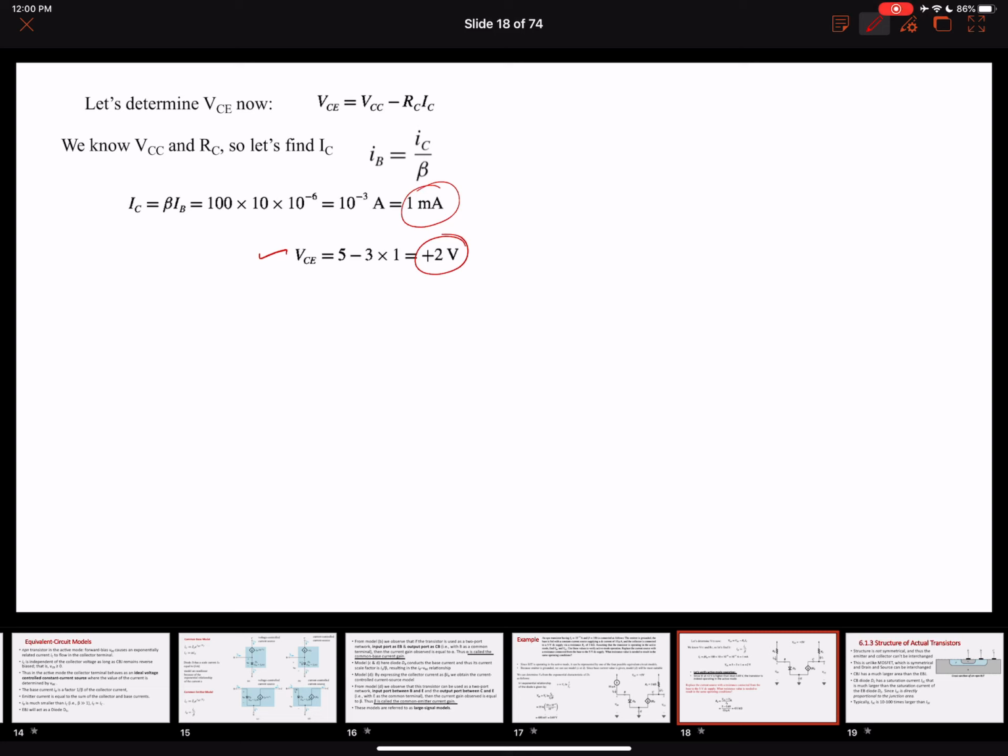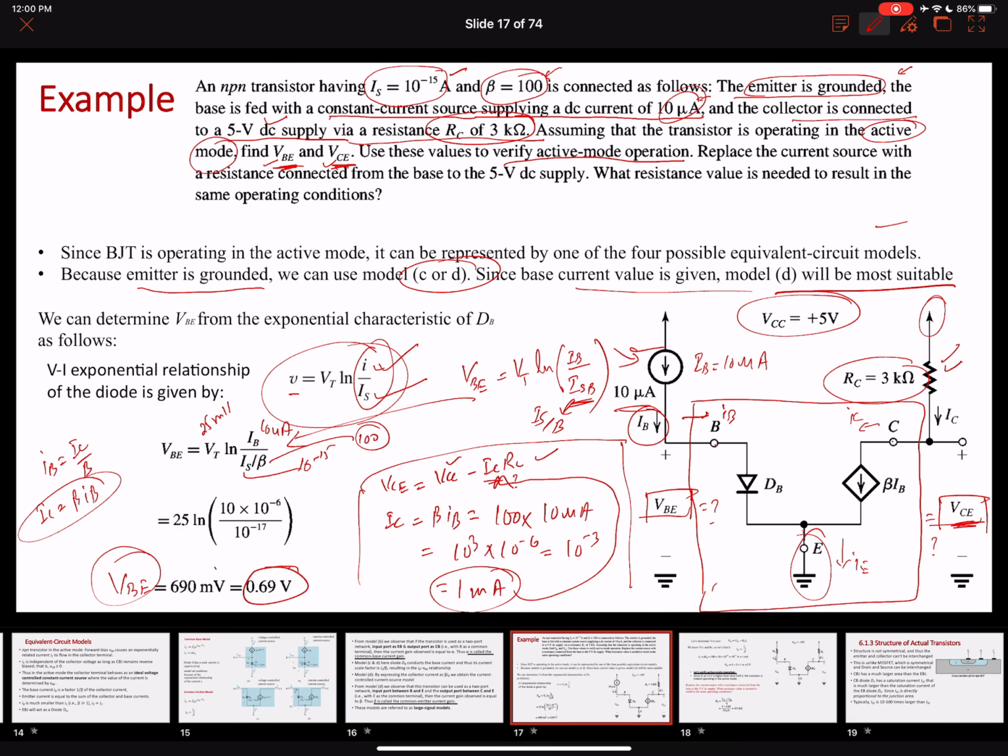Now what we are interested in is to verify that we actually have active mode operation. In order to have active mode operation, we want to see that our emitter to base junction is forward biased and our collector to base junction is reverse biased.